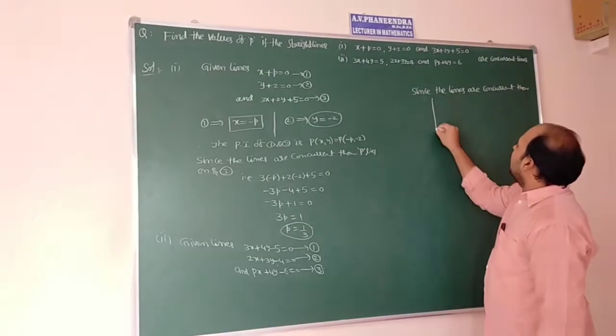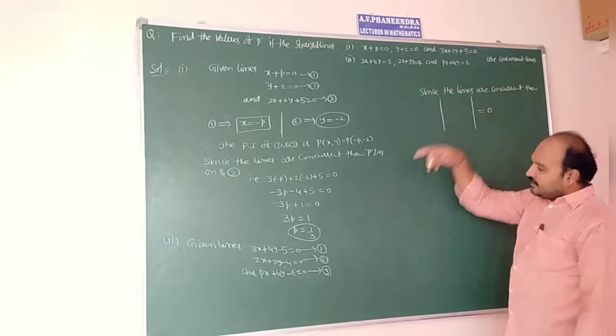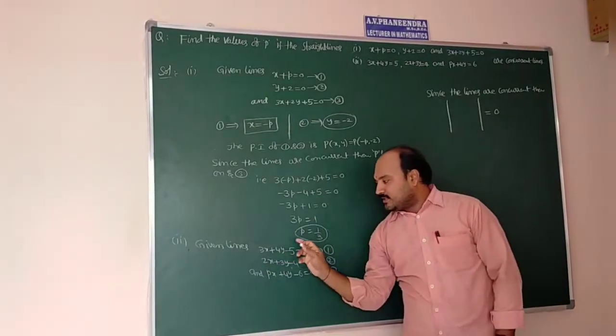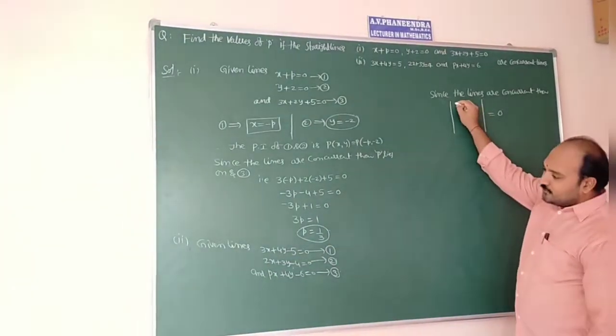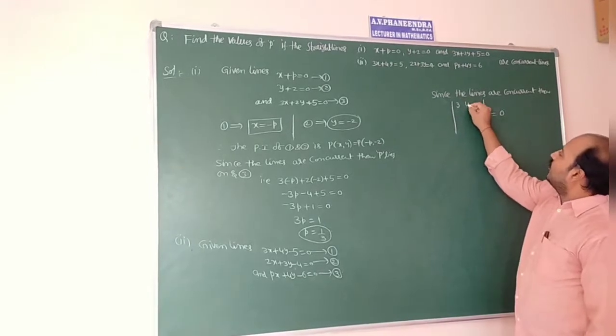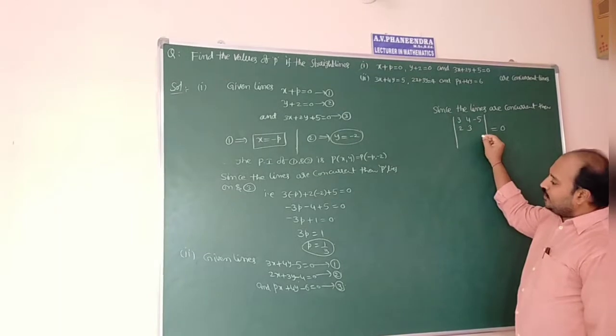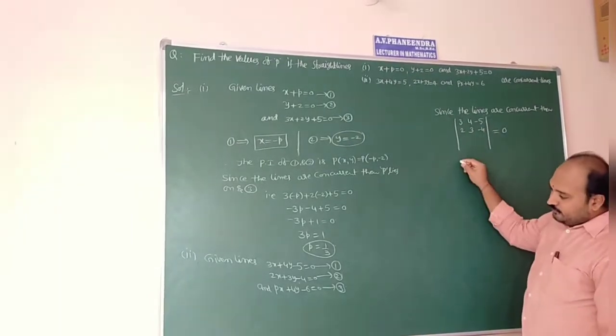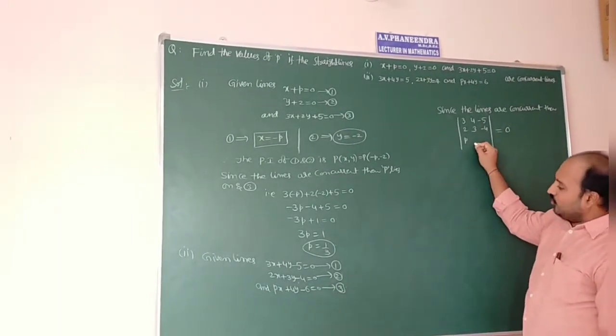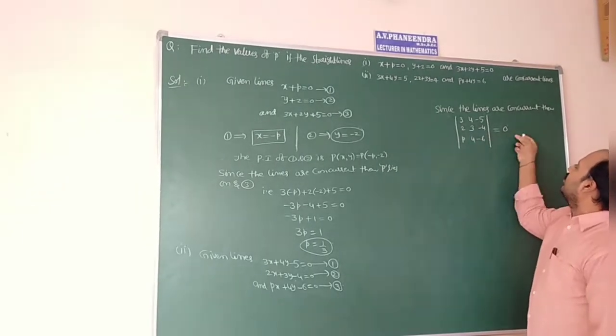then the determinant formed by the three lines with their x, y coefficients as well as constants. So in the first equation, 3, 4, minus 5; 2, 3, minus 4; third line, p, 4 and minus 6, is equal to 0.